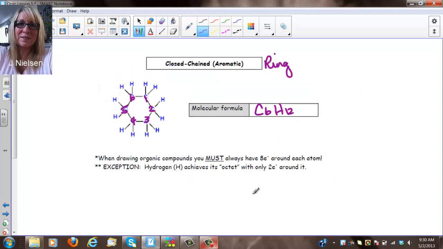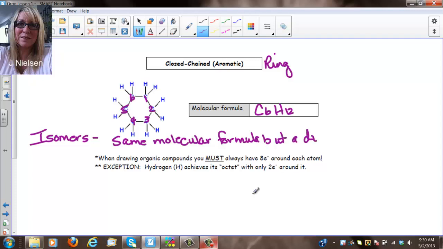What those are called, and I'm going to introduce this now, and you will learn about it later in the lesson, is isomers. They have the same molecular formula, but a different structural formula.